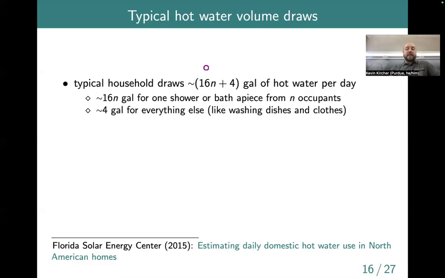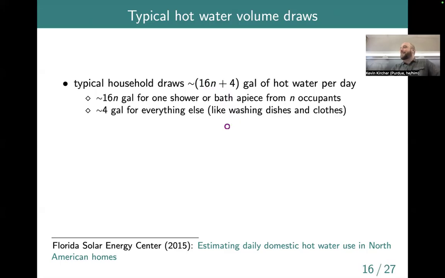If you look at data from real homes, you typically have about 16N plus 4 gallons per day, where N is the number of occupants, 16 is roughly the number of gallons drawn in one shower or bath, and the 4 represents hand washing, toothbrushing, and whatever else we do with hot water.